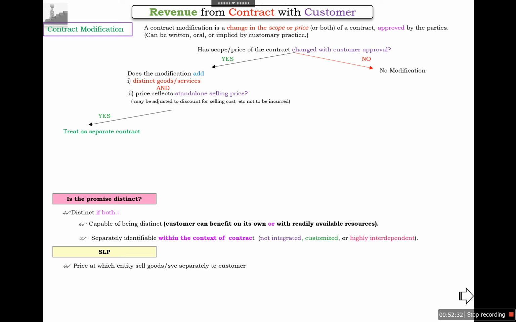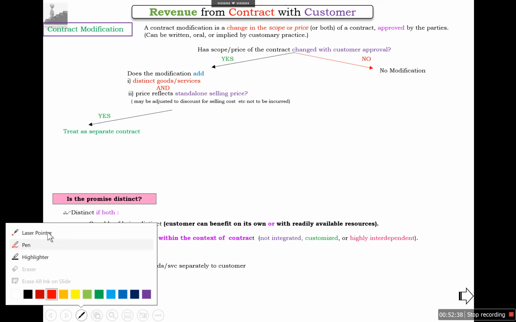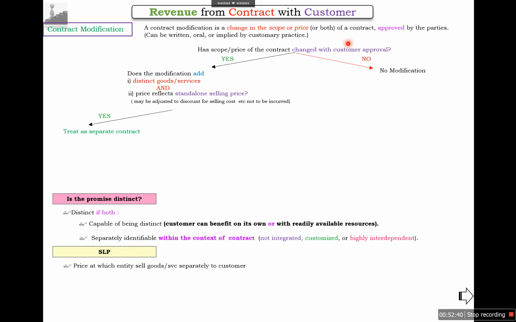And if there is a change in the scope or the price and it is approved by the customer, but either of the conditions fails, whether the distinct goods and services condition or the standalone price condition, in this case, we need to check further: are the remaining goods and services distinct from those already delivered?